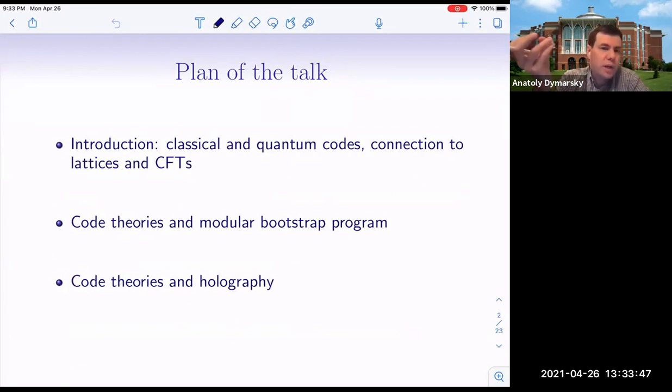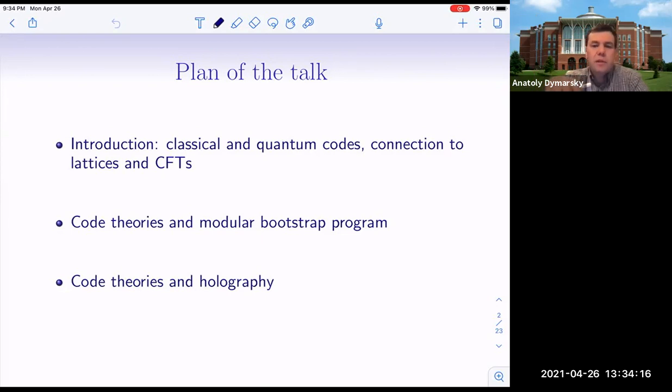Codes can be mapped to conformal theories. Of course, not all theories map back to codes, but only some special ones. Starting from very special codes, we can have conformal field theories with some extremal properties, and sometimes they would be special from the modular bootstrap point of view.